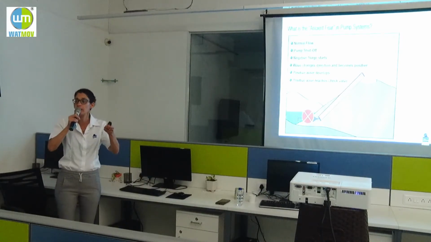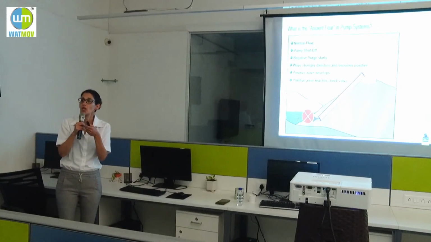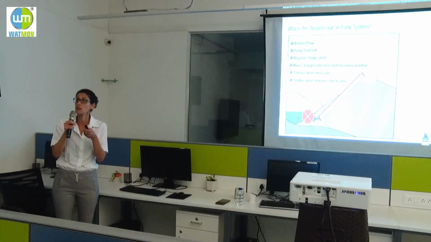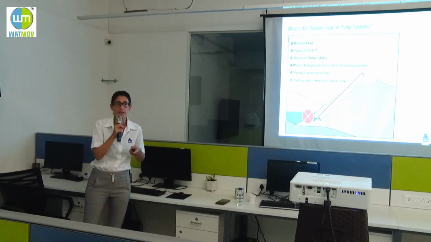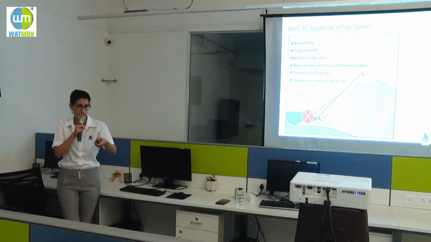The pressure is now increasing. At the end, the water column is meeting the check valve. And if the check valve is not already closed, the water will slam the check valve, okay? And it will create an additional surge, okay? What we call a secondary surge.